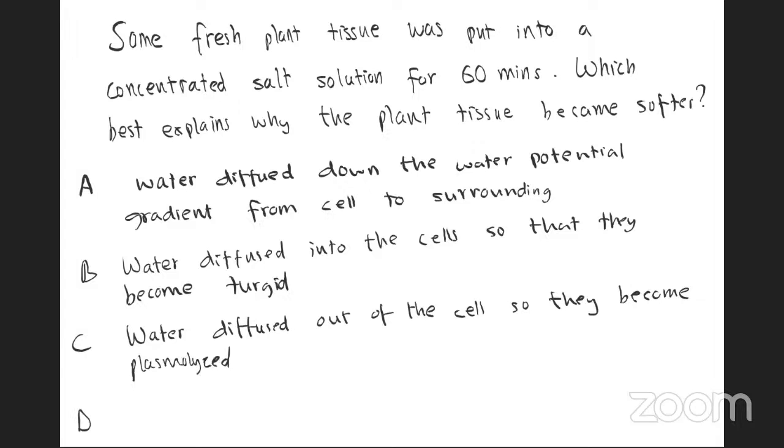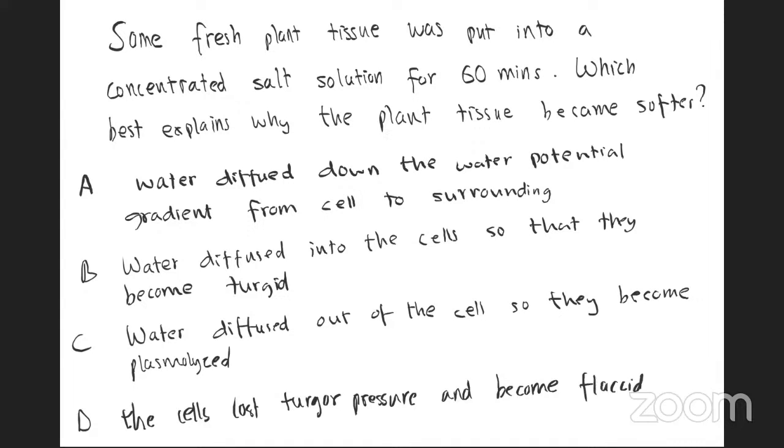And the fourth option: the cell lost turgor pressure and became flaccid. Okay? So Julia, the best explanation? The best one, guys, A, B, C, D.